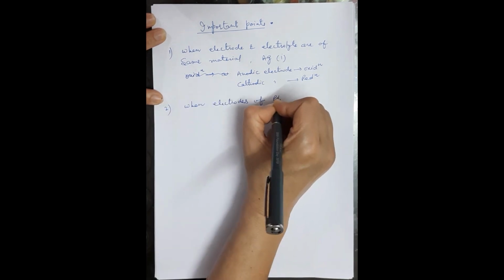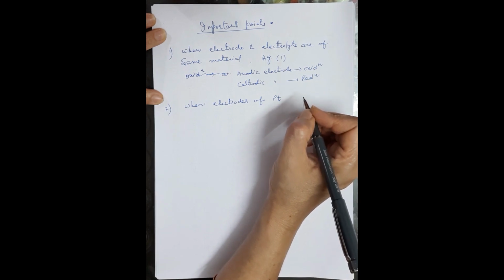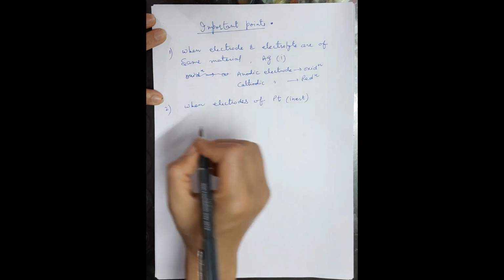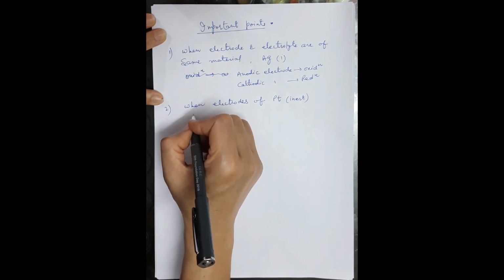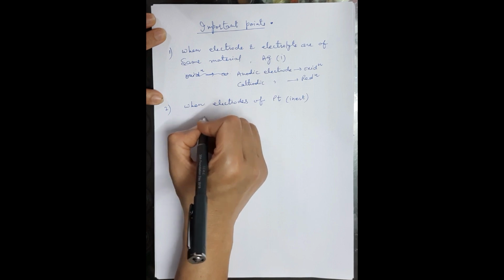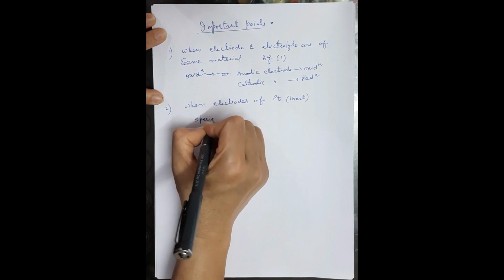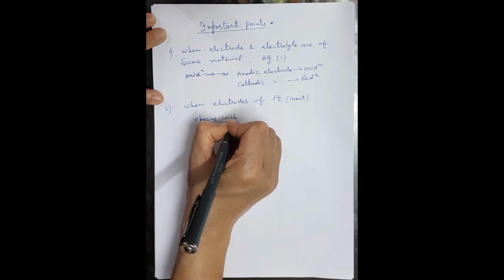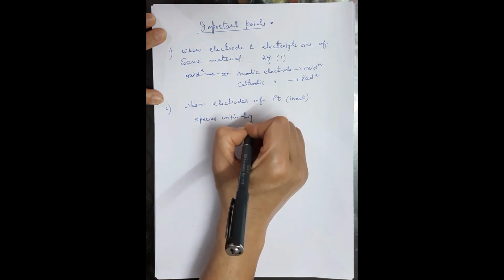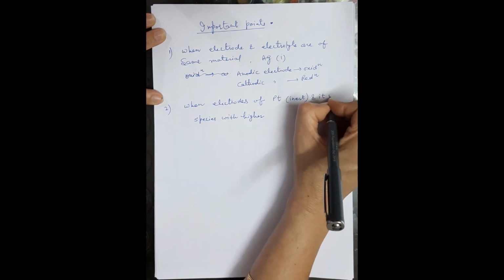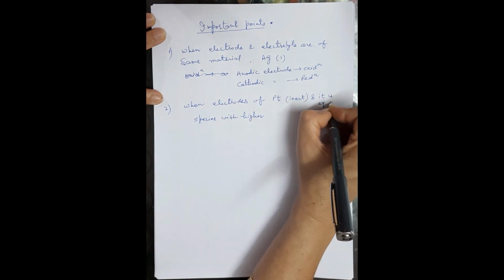Then second case is when electrodes of platinum are there, which is an inert electrode, and it is aqueous solution.